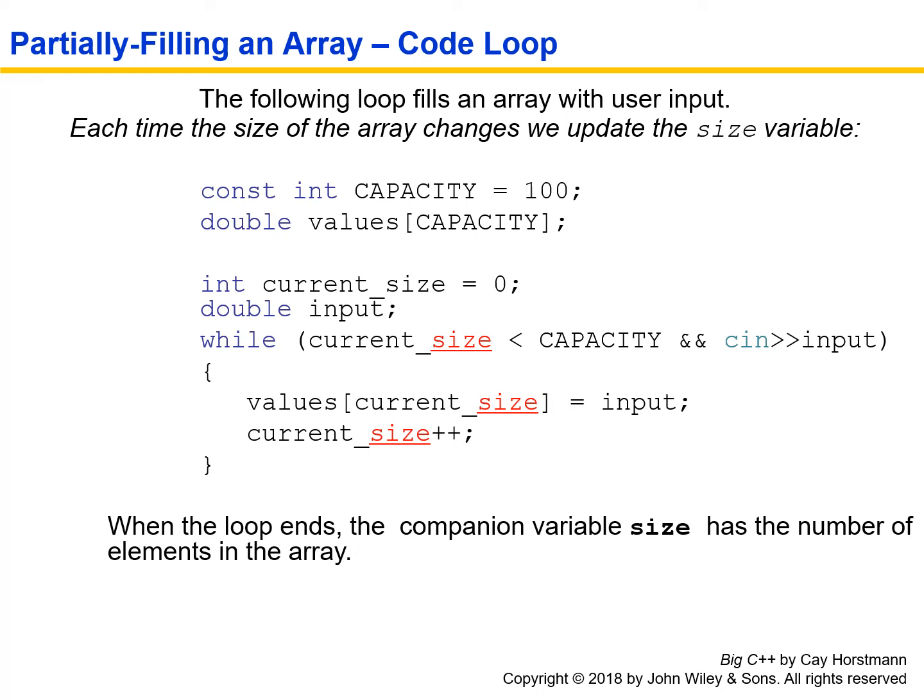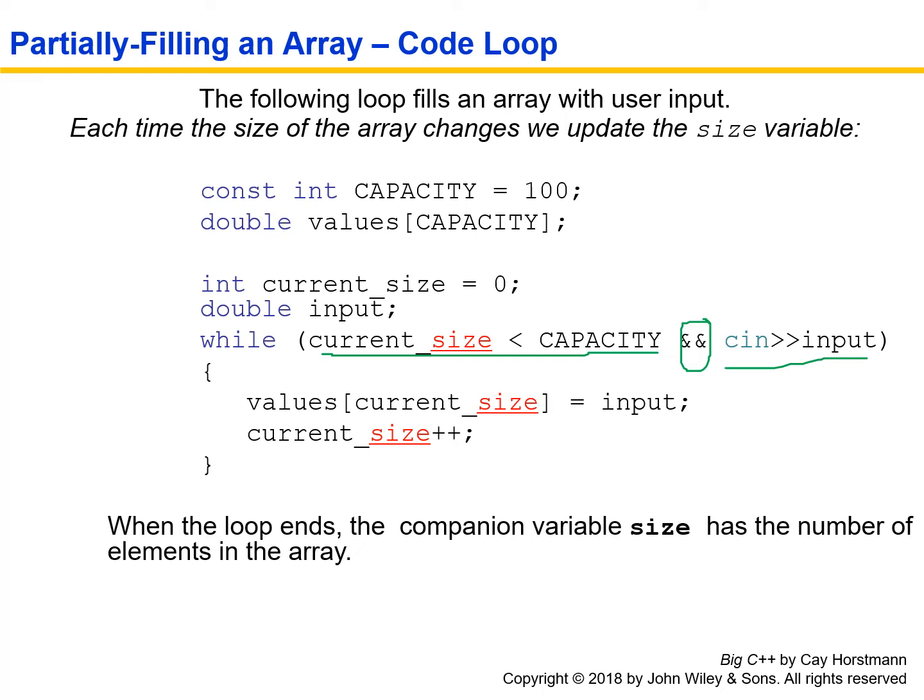This is a loop that fills an array with user input. This is somewhat better than the version that's offered in your textbook because it says while current size is less than capacity and cin gives you valid input, then you will add a variable. The version in your textbook allows you to keep taking input even after you've reached the capacity of your array, which is sort of a silly thing for your program to do.